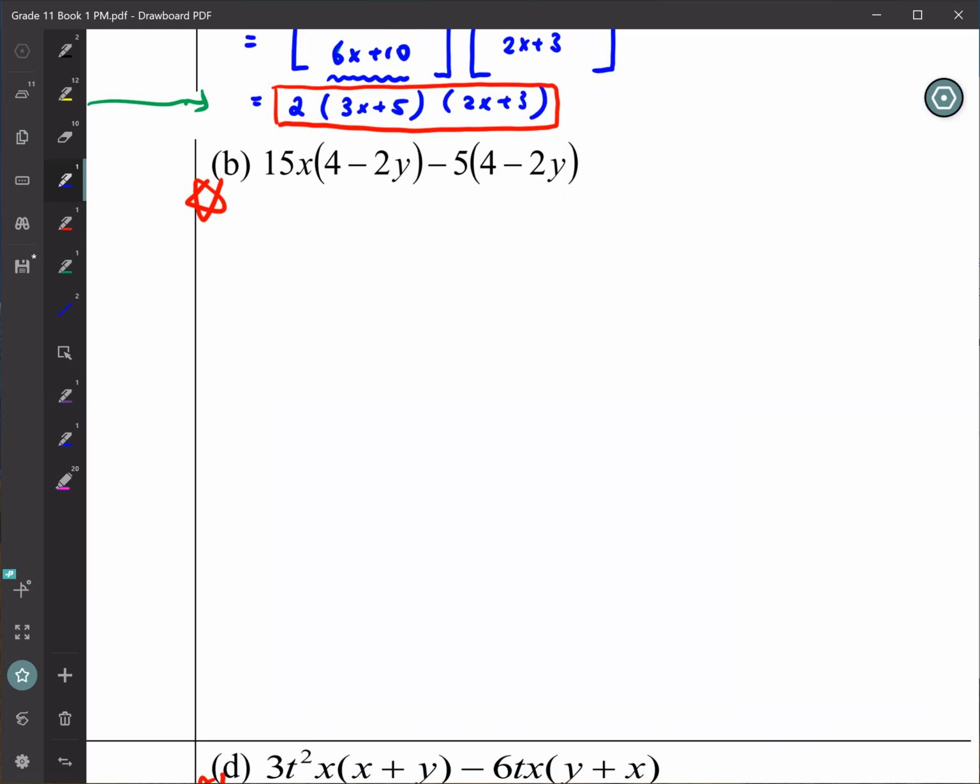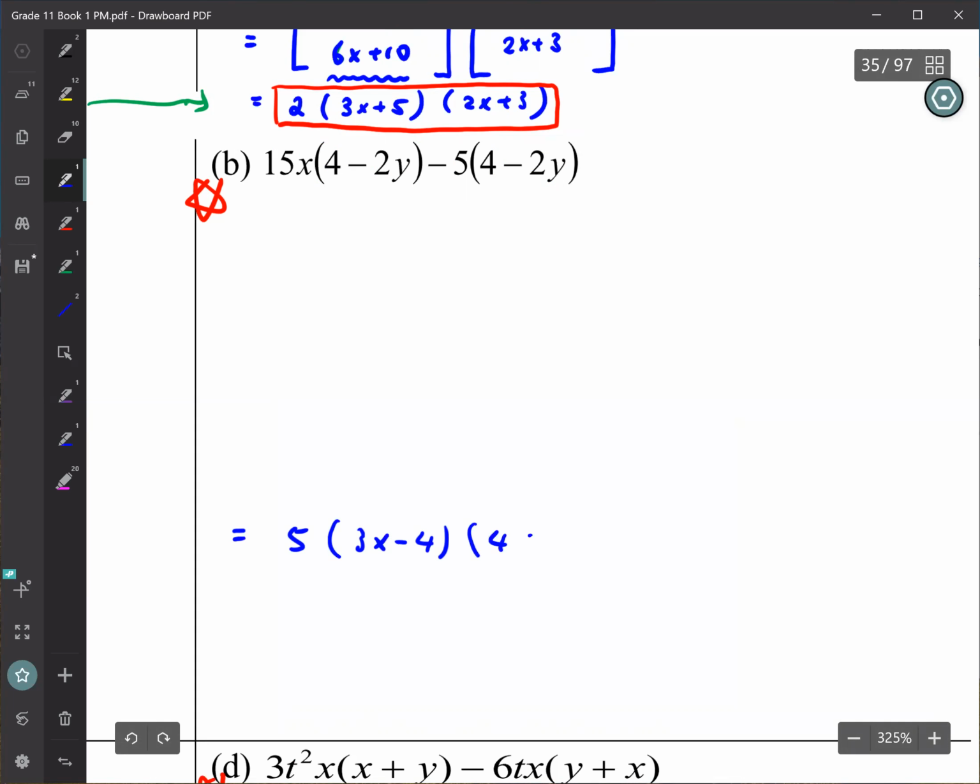Okay, Amanda, what do you have? What's your final answer? Bracket 5 and bracket 3x minus 1 and bracket 4 minus 2y. Like this? Yeah. Okay, thank you. Anyone else has a different answer? Everyone has the same?